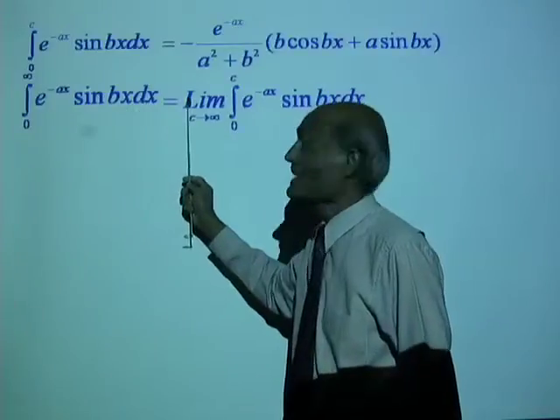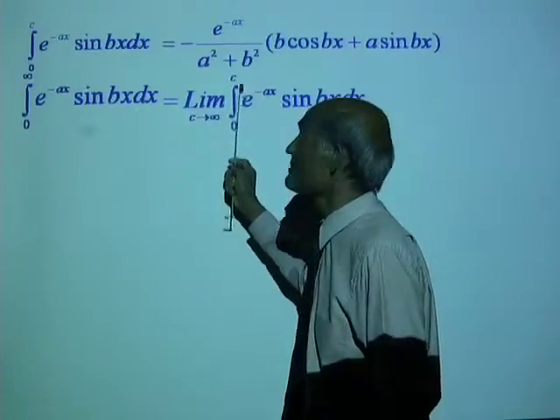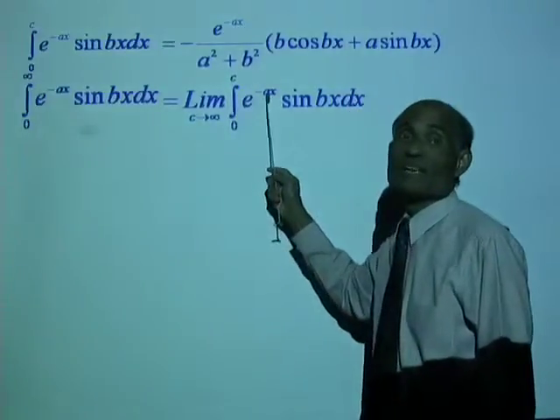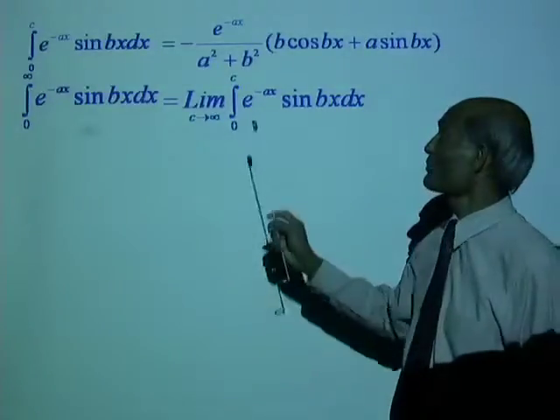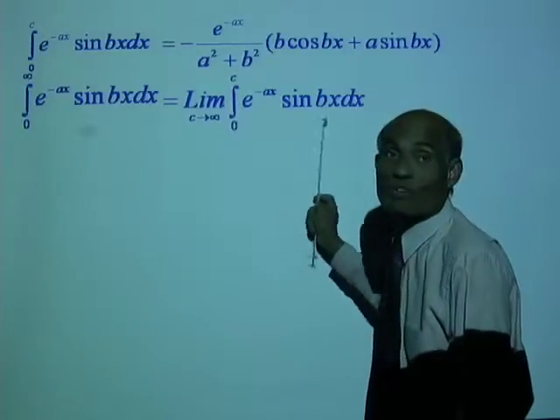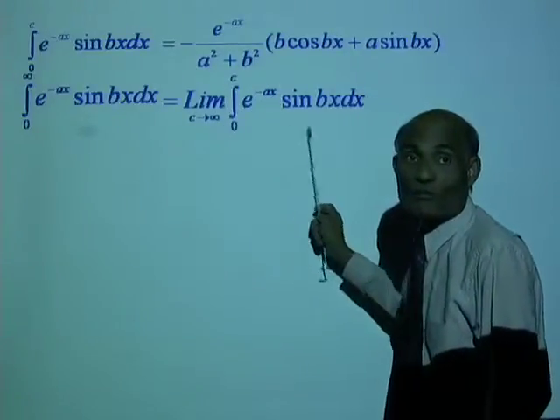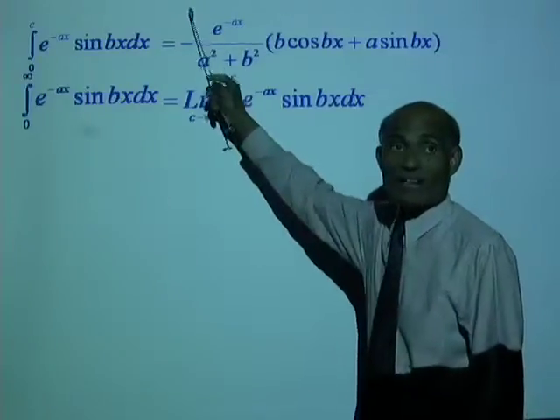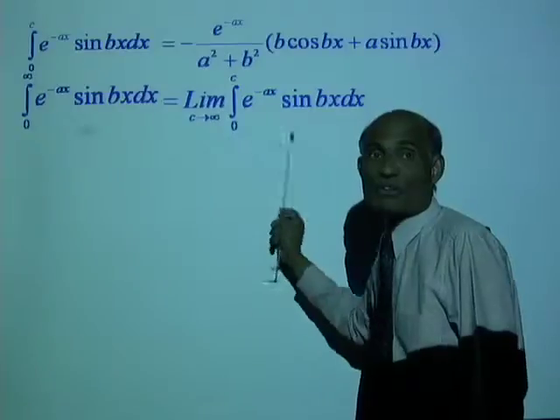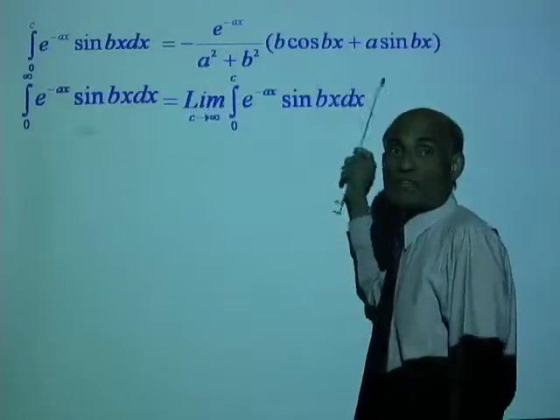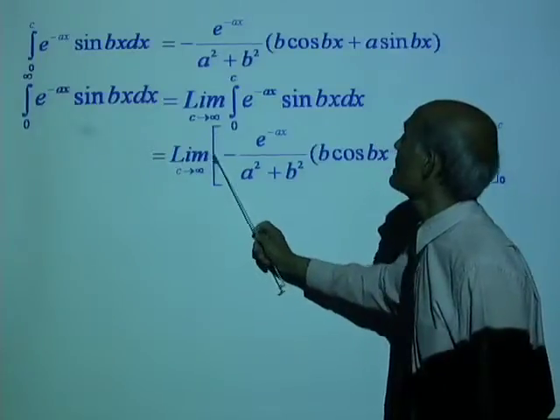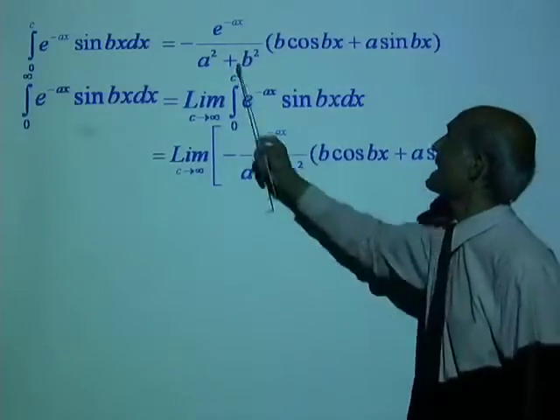That is the same as the limit as c approaches infinity of the integral from 0 to c of e to the power of negative ax sine bx dx. And we have found the value of this definite integral. What is that? It is this. We can now replace this by this. That's right. So that will be the limit as c approaches infinity of that quantity.